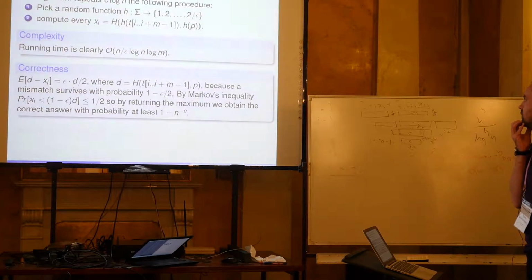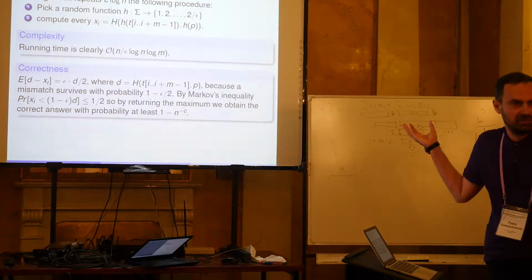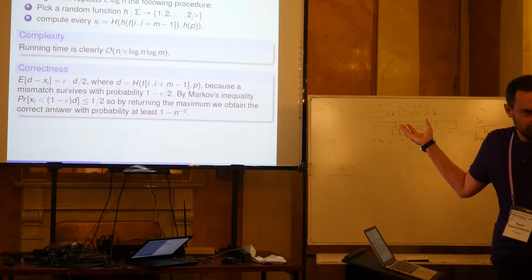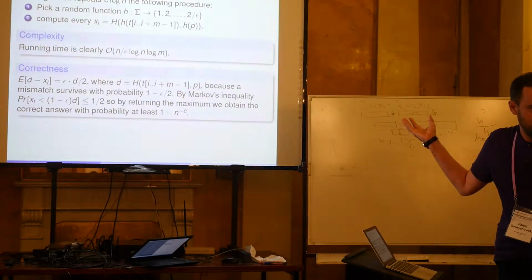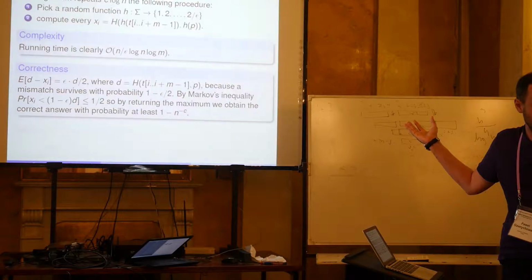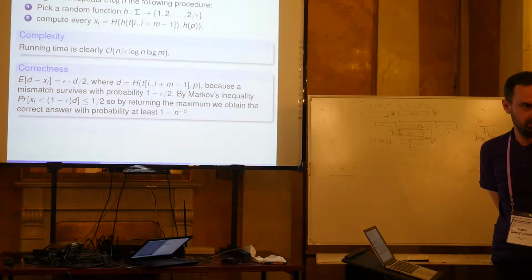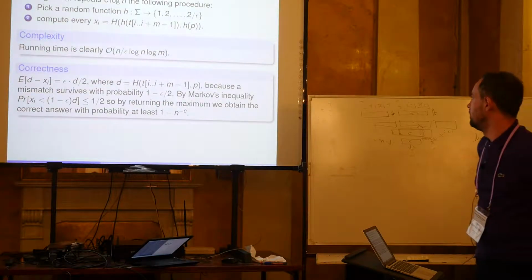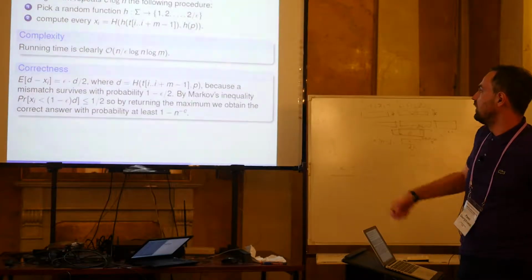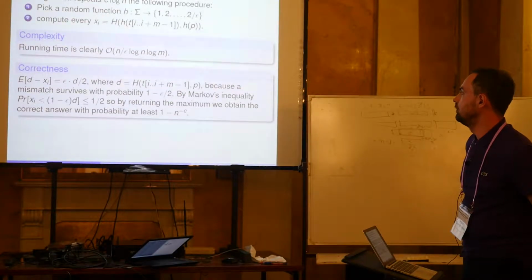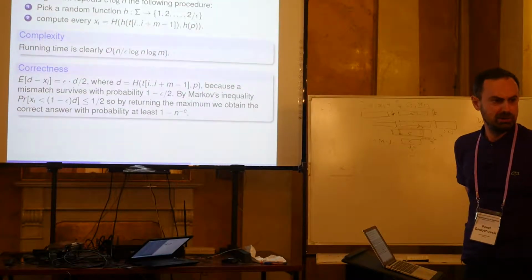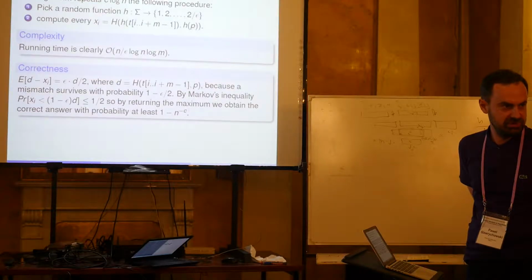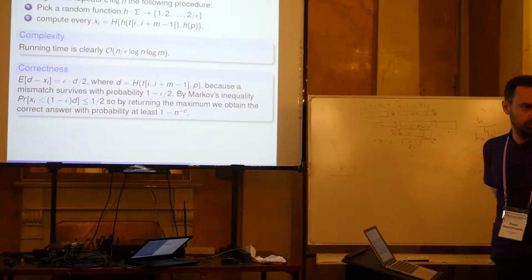Now what we have to do is to use some inequality. Here it's just Markov's inequality, because we can bound the expectation. Markov's inequality allows us to bound the chance that we'll deviate too much from the expectation. If you plug in Markov's inequality, you get that the probability that xi is smaller than (1 minus epsilon) times d, the real answer, is at most 1 over 2.